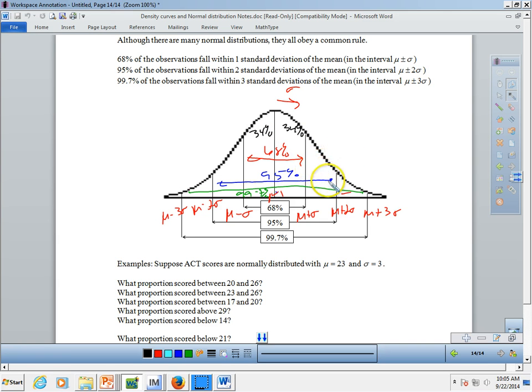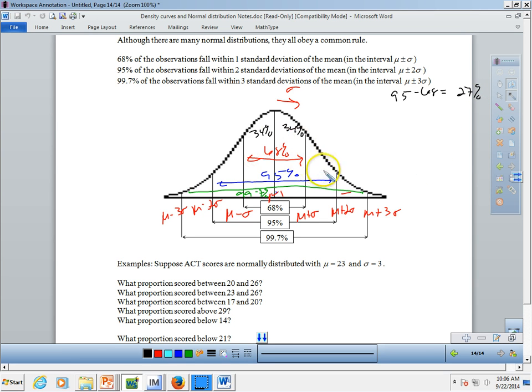What about just in here? Just in here, right? And in here. These are the next two areas I want to talk about, if we're going to take this in pieces. Well, I know that there's 95% in this entire interval, 2 standard deviations away. 68% of the observations are within 1 standard deviation. So what's the difference there? 95 minus 68 gets you 27%, right?